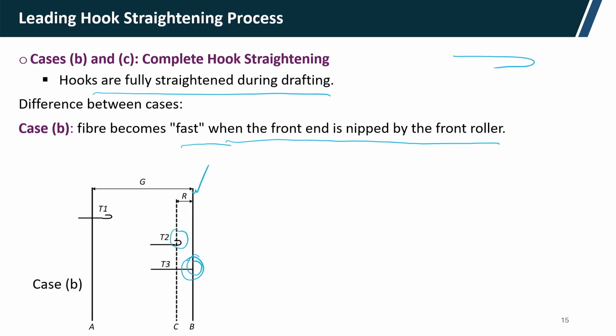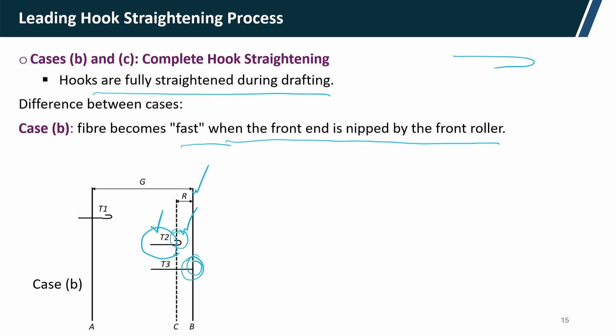So, as from this picture we can say, although at T2 the straightening takes place because the midpoint of the hook has reached the accelerating point, the body midpoint has not reached. So, the body portion is moving at the back roller speed.